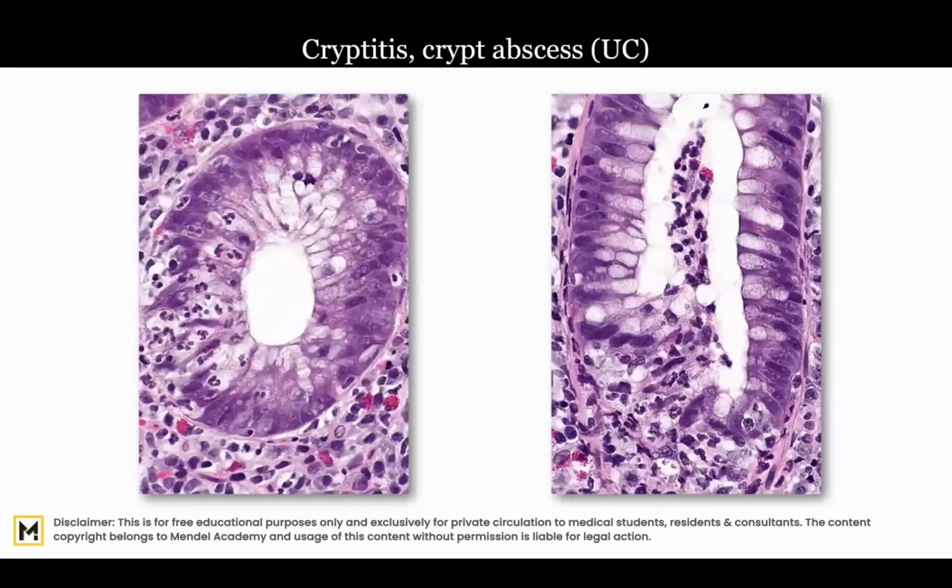See how the neutrophils have actually penetrated the walls of the crypts or the glands. So this is cryptitis. And inside the lumen, you have an accumulation of neutrophils. So this is a crypt abscess. This is cryptitis. Crypt inflammation, crypt abscess. Again, a case of ulcerative colitis.